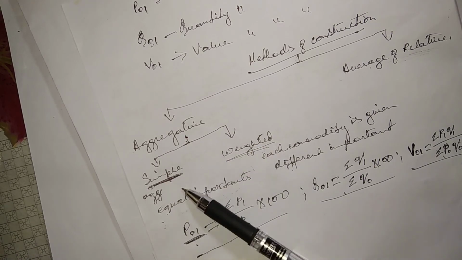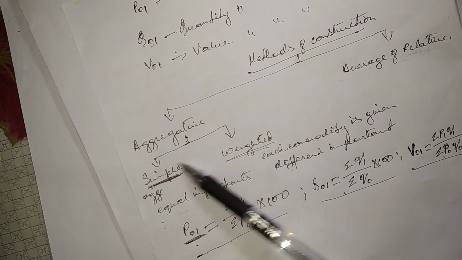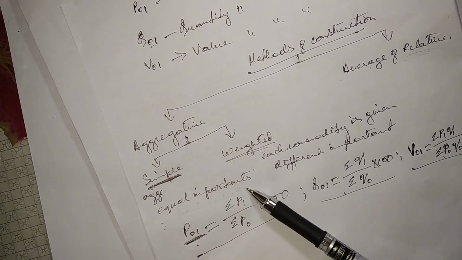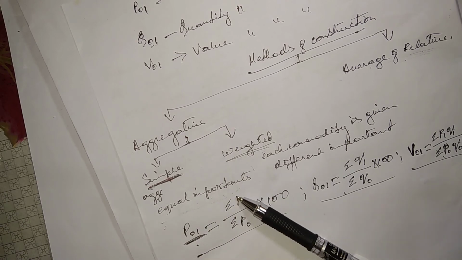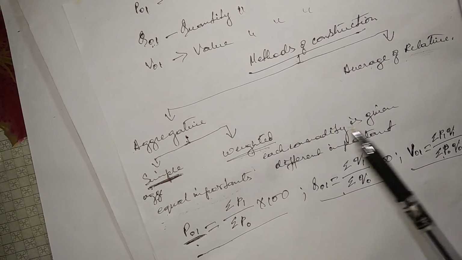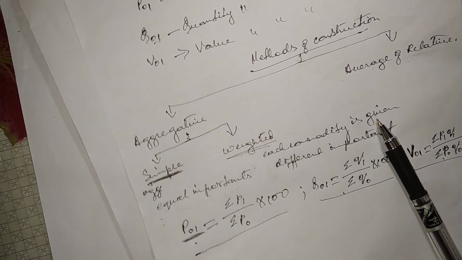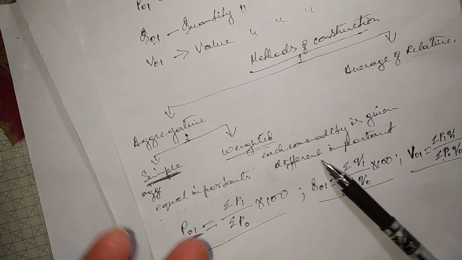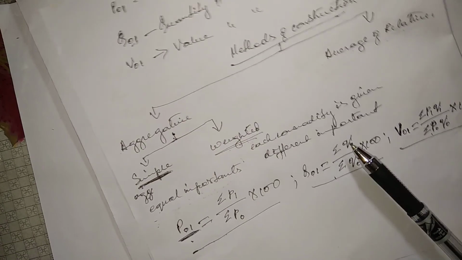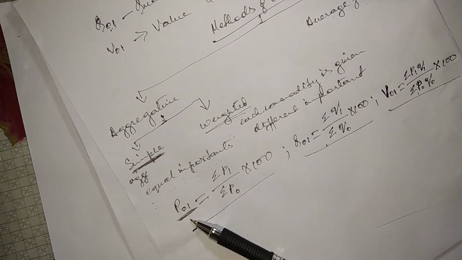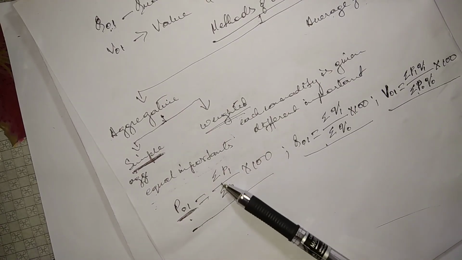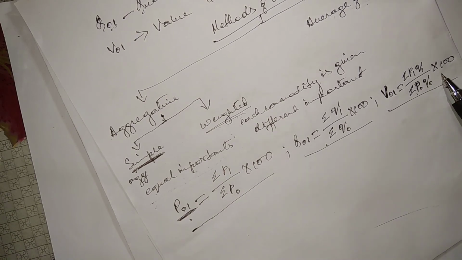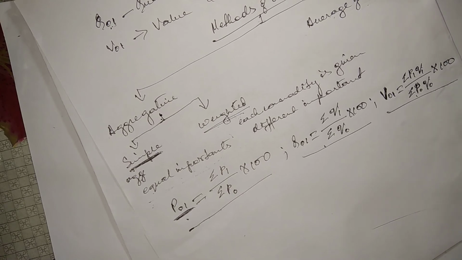The difference between simple and weighted is that under the simple aggregate method we are giving equal importance to all the commodities, whereas under the weighted method we are giving different importance to each commodity. So the formula for the price index number is this, the quantity index number is this, and the value index is this one. Okay, hope we are clear.